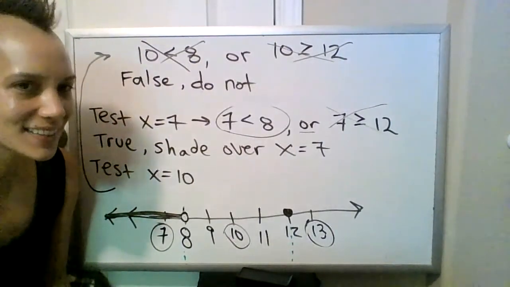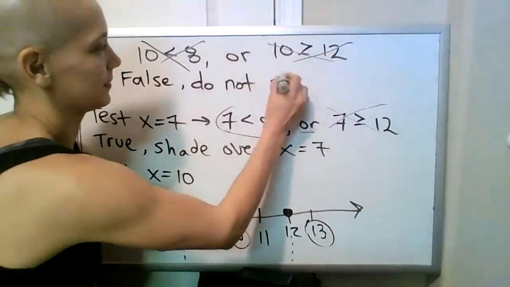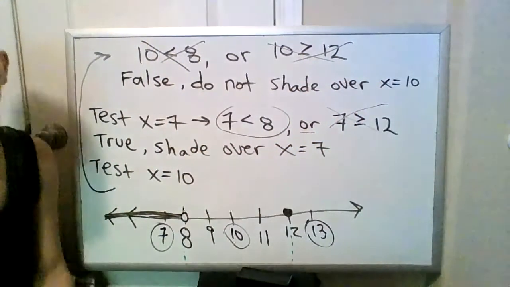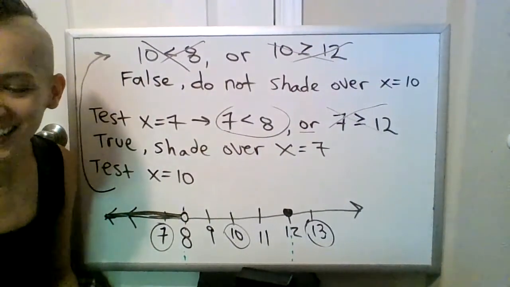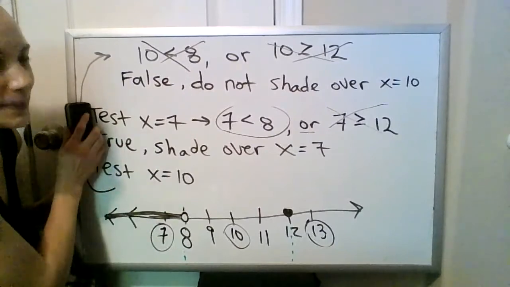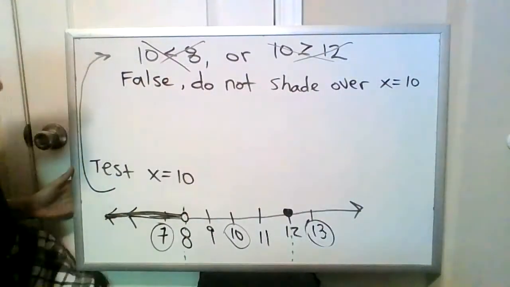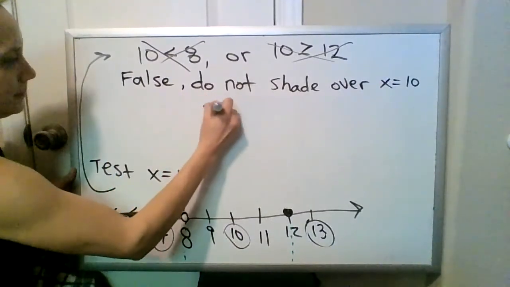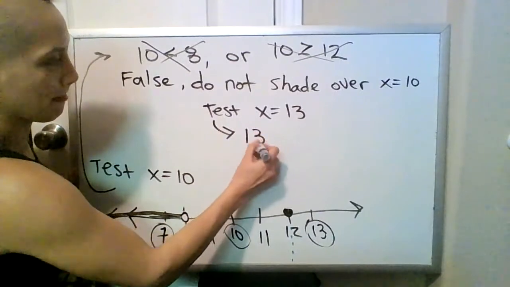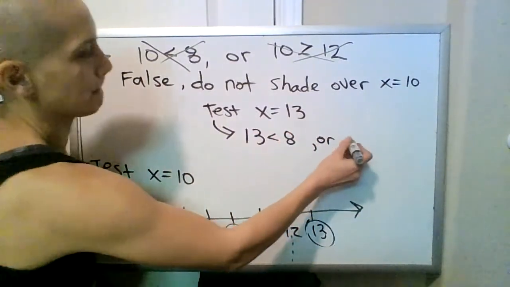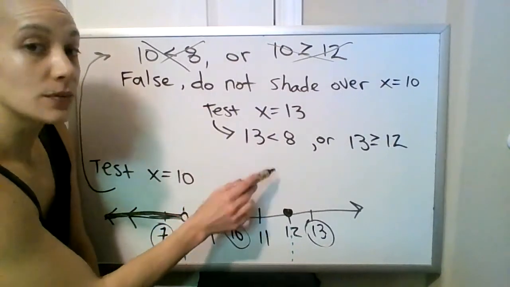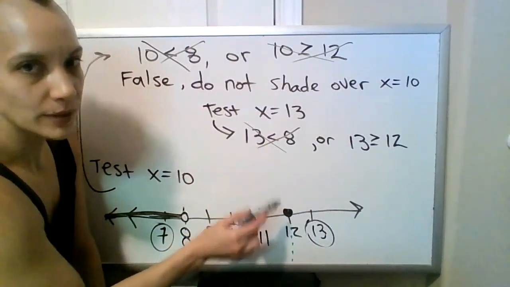Anyway, we are not shading over 10. Last test point is x equal to 13. Okay. 13 less than 8 is false, but 13 greater than or equal to 12 is true.